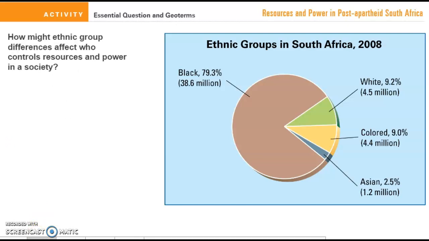So what I want you to think about is how might ethnic group differences affect who controls resources and power in society. Now, the funny thing to note here, you might think that this large ethnic group is going to be the one that controls resources and power in a society because it is the largest.